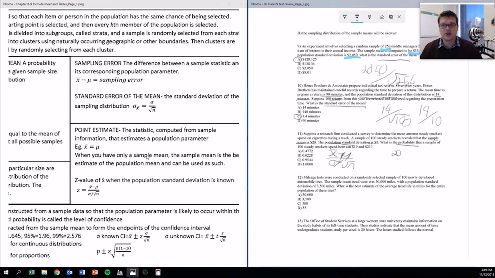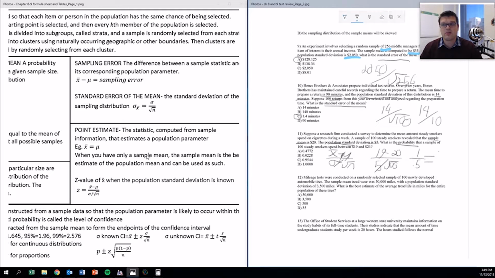for the population mean, and we're going to do 19 minus 20 over the standard deviation of 5 with a square root of the number observed, 100. So it's 5 divided by the square root of 100, or 5 divided by 10. 5 divided by 10 is 0.5.